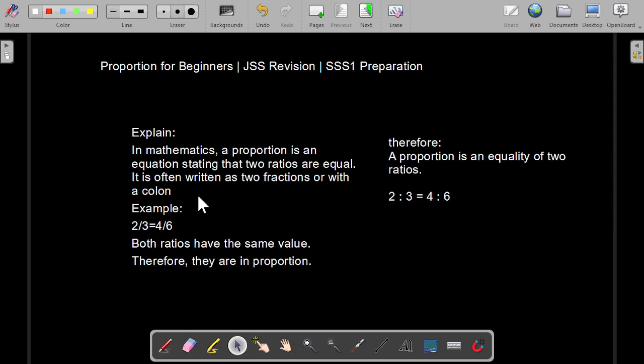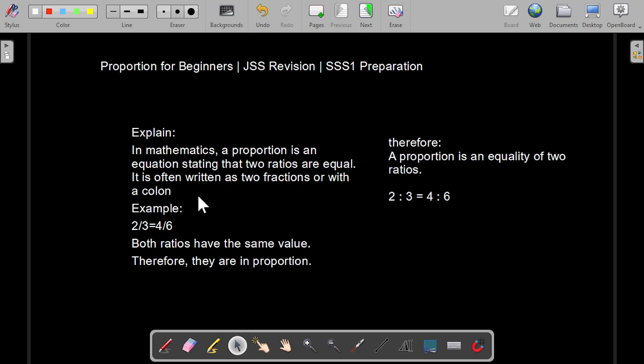As you move on and climb the ladder of mathematics, you will find out that these things that look like minor things in mathematics actually are going to help you a lot. So as we are going to see, let's quickly look at, before we go to the main example, when you have 2 upon 3 equals 4 upon 6, both ratios have the same value.